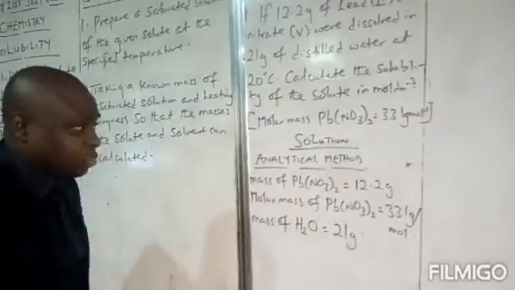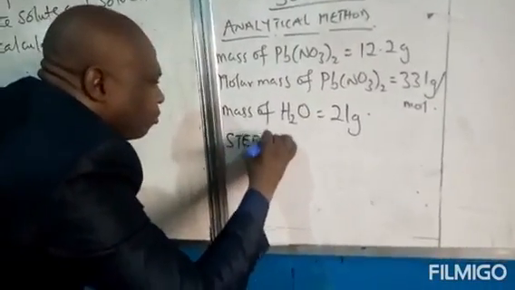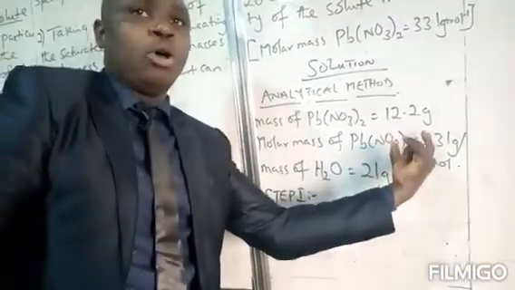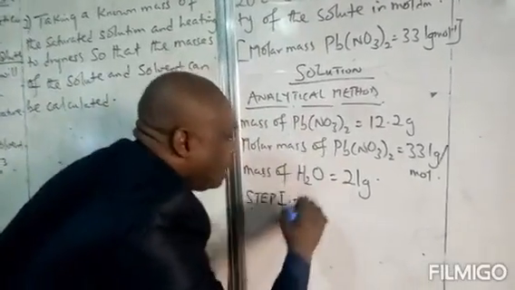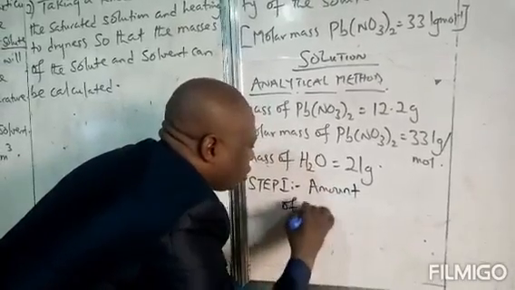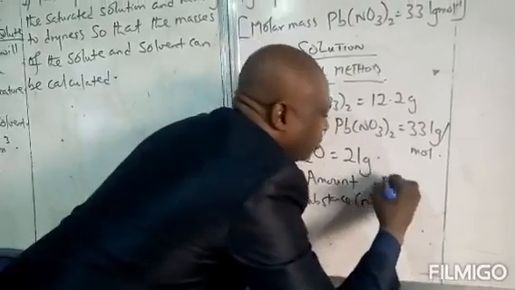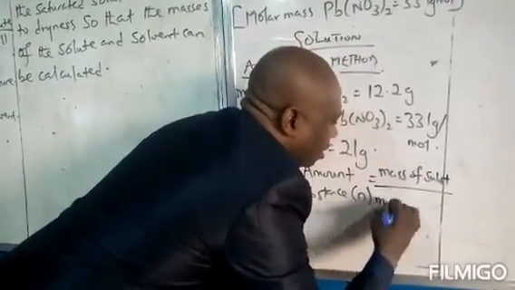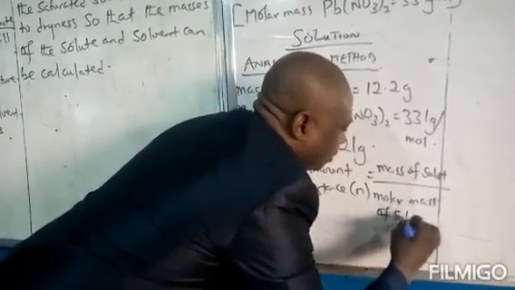If we look at the analytical method, step 1 is to find the mole of lead(II) nitrate, that is, the amount of substance. If you recall, amount of substance, which is n, is the mass of substance over the molar mass of substance.